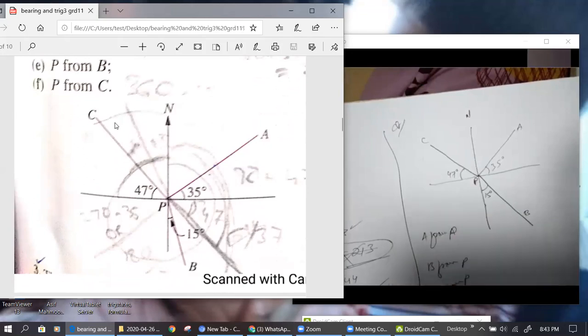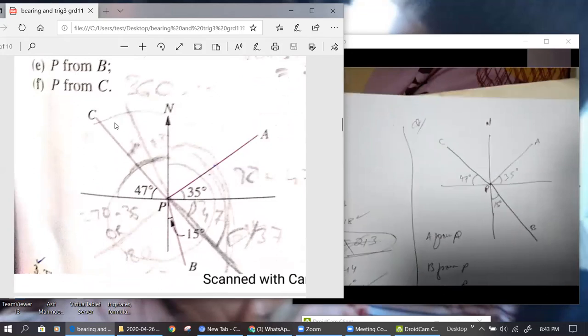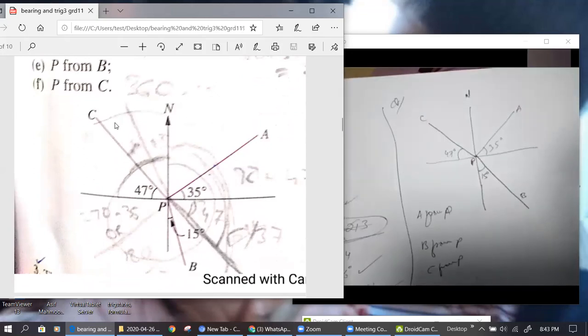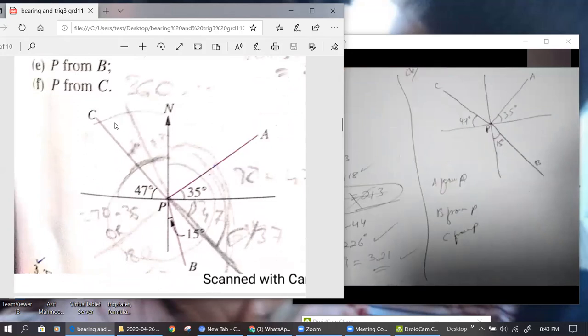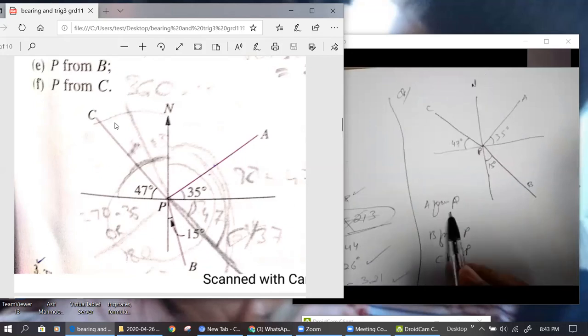So P will go, that one is 90 plus 55. 55 plus 90 is 145. P from A is 145. This is P from A?